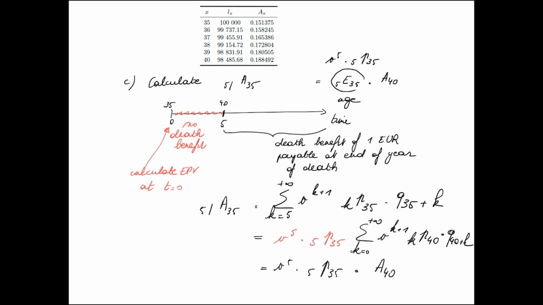So that's how I know that I should calculate the EPV of the deferred whole life insurance product by actuarially discounting the EPV of the whole life insurance product issued, in this case, to a 40-year-old. And then, of course, you can just get the correct numbers from the table, and eventually you'll get an EPV of 0.138719.